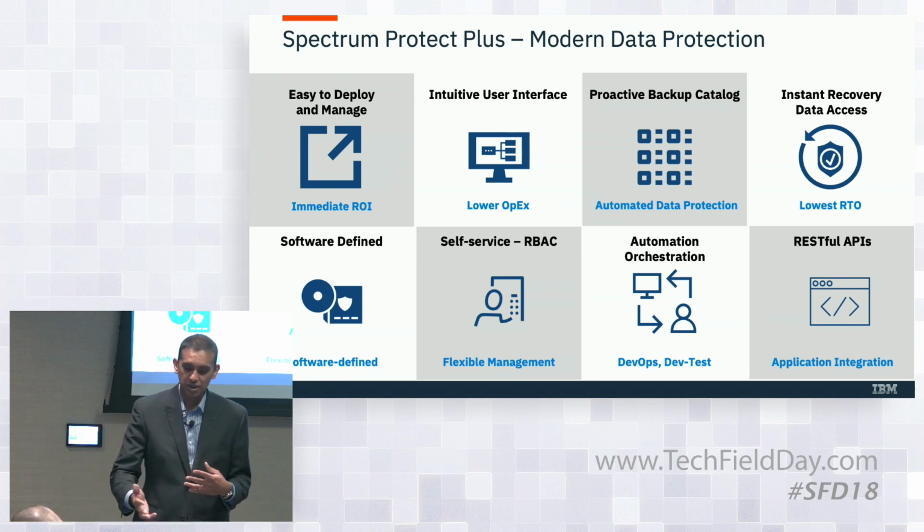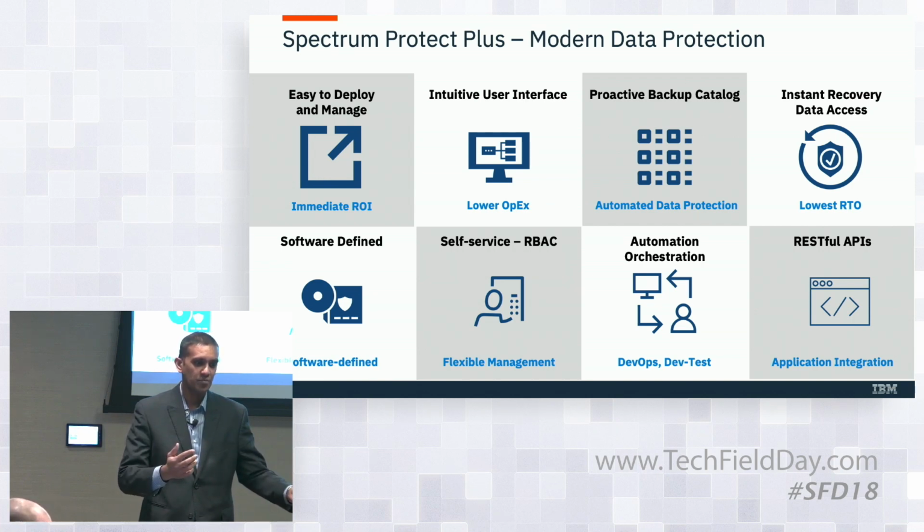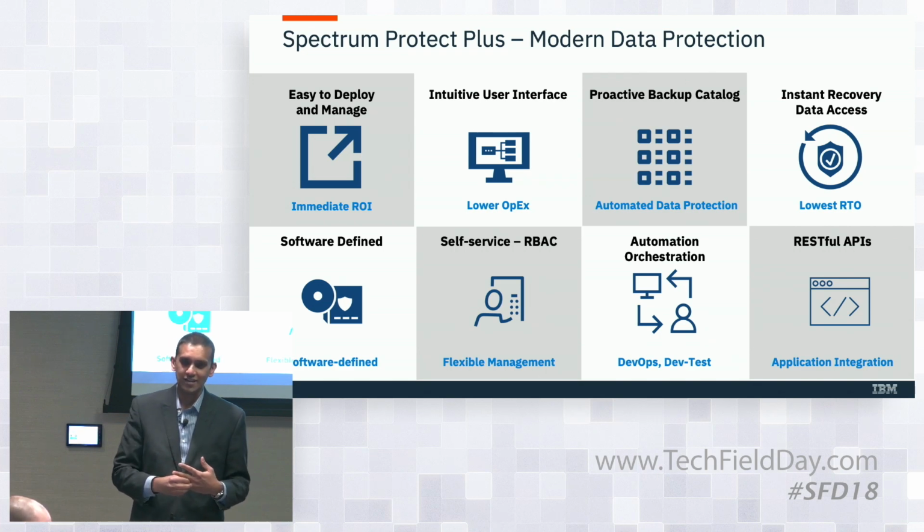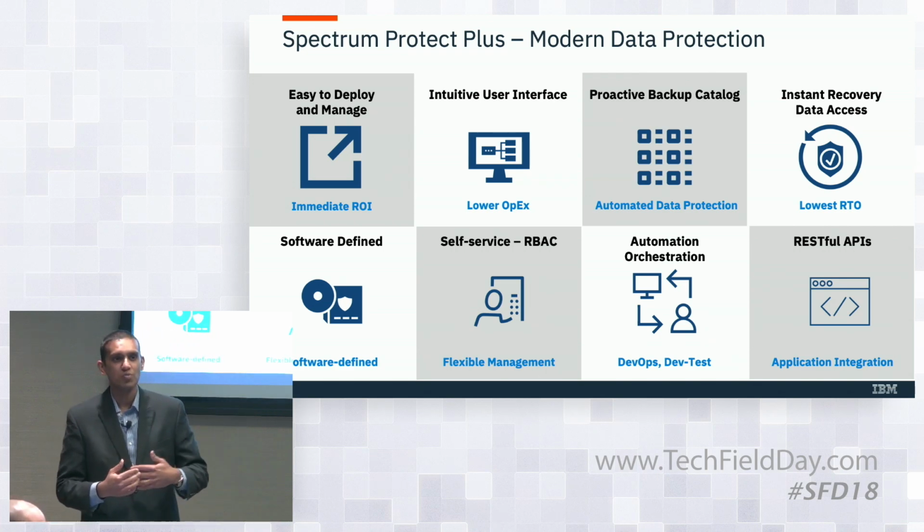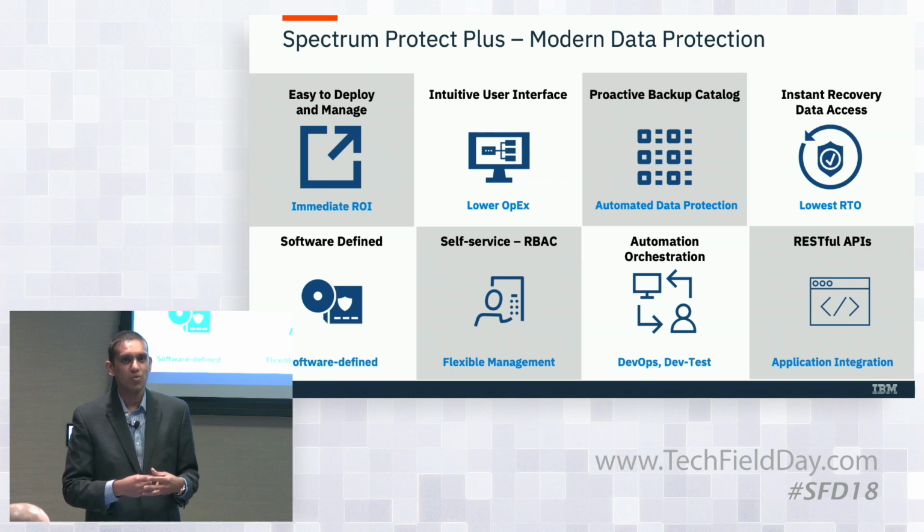And the last two things go hand in hand: automation, orchestration, and REST APIs. As we see developers and data protection and infrastructure wearing multiple hats, there's almost a crossover of what they can do, which means that they are asking for, okay, I want this to be more automated, as well as to be able to use existing process and tools that are driving toward REST APIs.